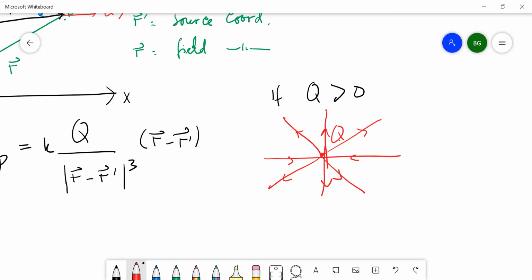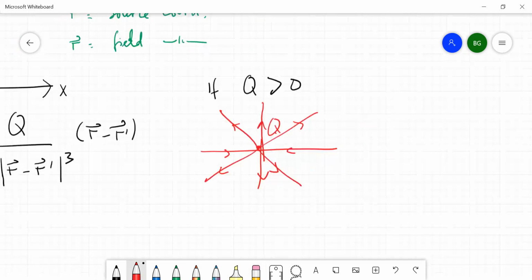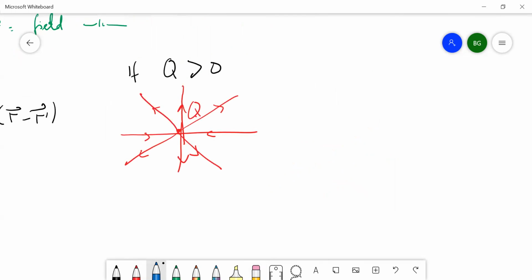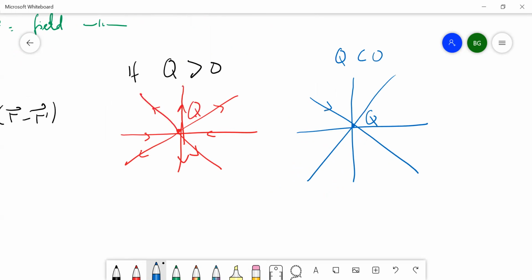This is Q. And if you have Q less than 0, this is Q here, and the lines of the electric field are inward, to the charge. Okay.